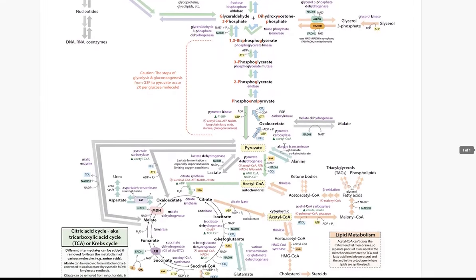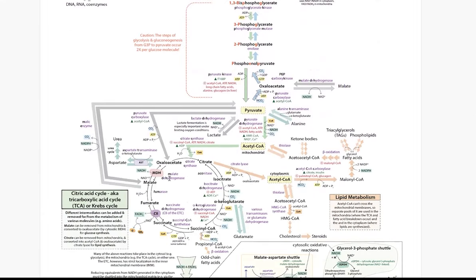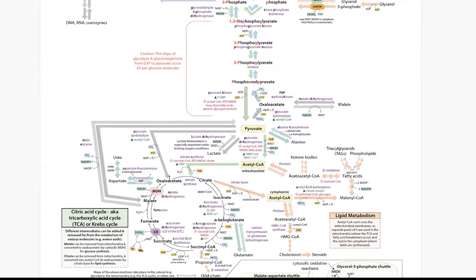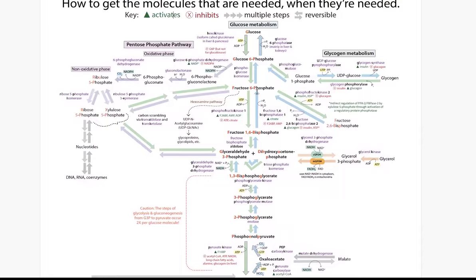But what if we want to take parts from the mitochondria and get them to make glucose? Here we have another instance where one of the molecules that we need can't leave the mitochondria, can't go through the mitochondrial membrane. We see that we have oxaloacetate as an intermediate in gluconeogenesis, and we also have oxaloacetate as an intermediate in the citric acid cycle. But the citric acid cycle takes place in your mitochondria, and this part of gluconeogenesis takes place in your cytoplasm.